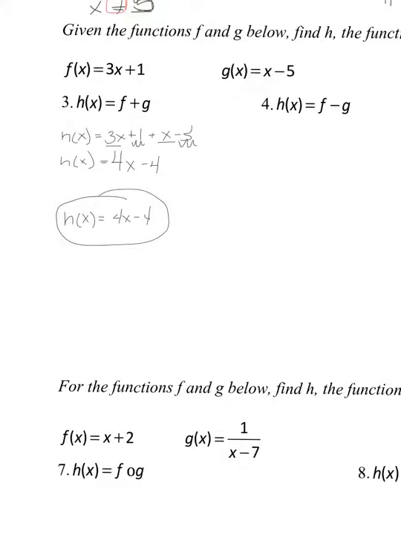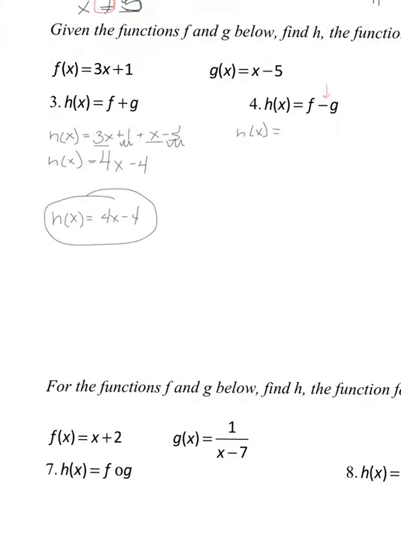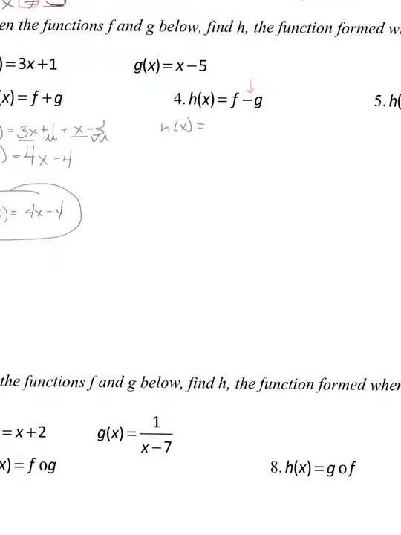The second operation we're doing with number 4, we are subtracting. And because we are subtracting, we need to be a little more careful. So in this case, h of x, and again, I'm calling it h of x because that's what they called it in the directions. So guys, h of x equals 3x plus 1 minus x minus 5. And what you have to be careful of is that that negative distributes into this parenthesis set.